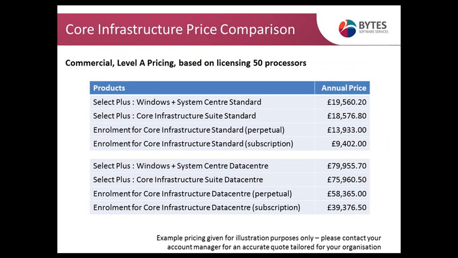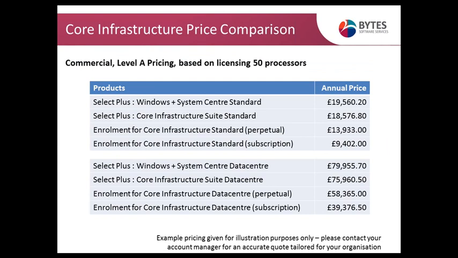Through the Select Plus agreement, you can buy the Core Infrastructure Suite license, and that brings the price down to £18,500. But buying that Core Infrastructure Suite Standard license through the Enrollment for Core Infrastructure gives you significantly better pricing.